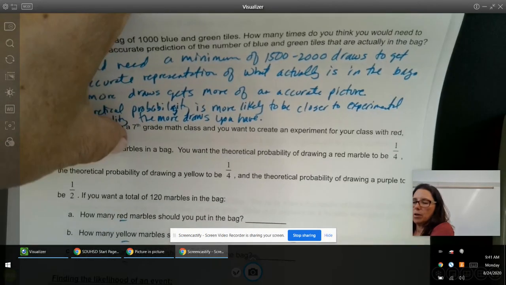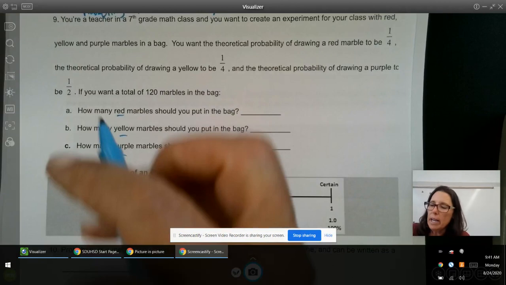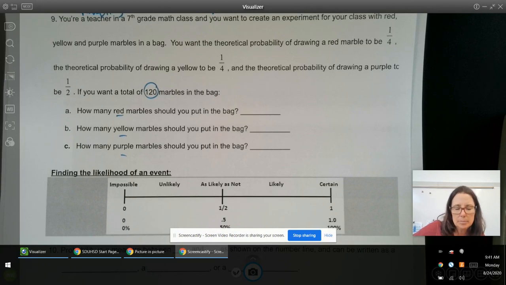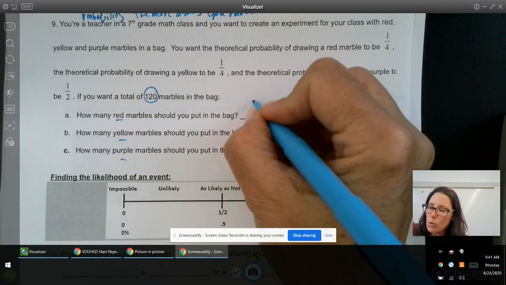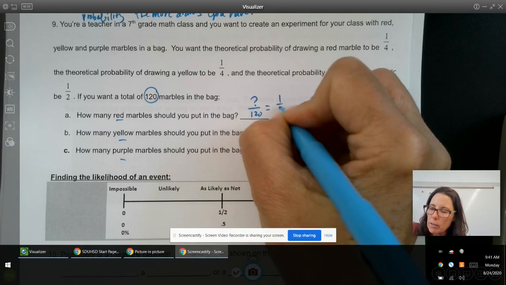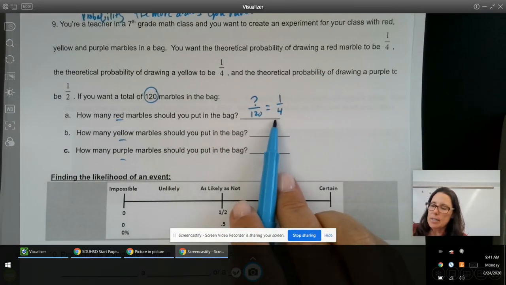All right, so if we've got 120, don't we need to see what 1/4 of that would be? Basically for the red, we are looking for how many out of 120 would get us 1/4. So let's look this way.